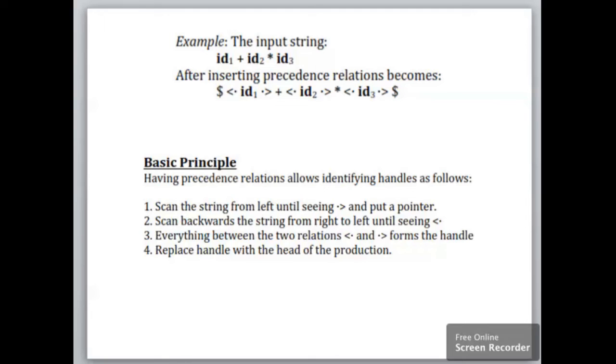Let us consider an example, id1 plus id2 into id3. Now we shall put the precedence relation for this given input stream, putting a dollar sign, that is a left end marker at the left hand side of the input, and a dollar, that is the right end marker at the right hand side of the input. Now if I look at the precedence relations from the table that we have constructed, we find dollar compared with id.